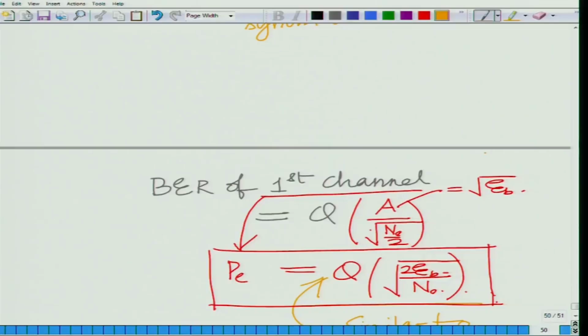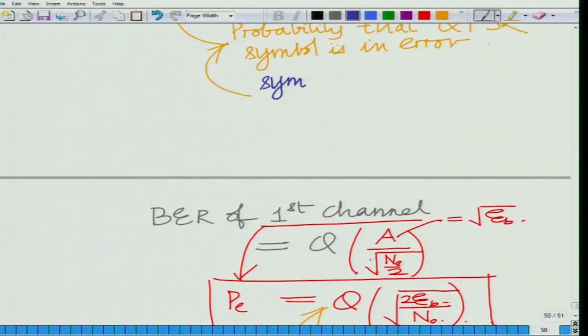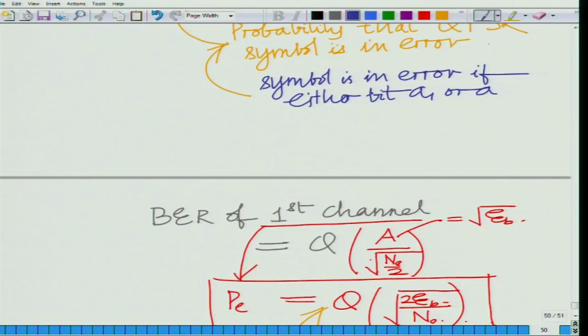Okay. So let us note that the symbol is in error if either bit A1 or A2 is in error, because even if a single bit A1 is in error, then the symbol is in error.